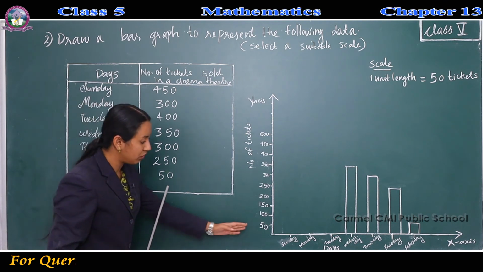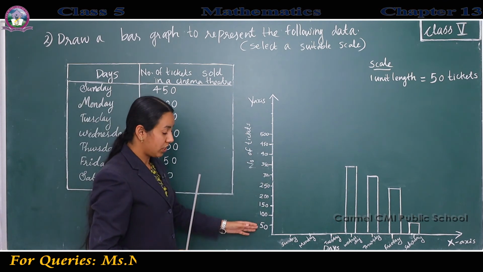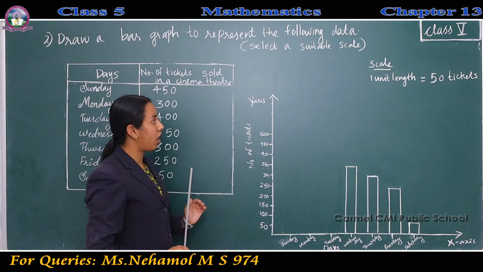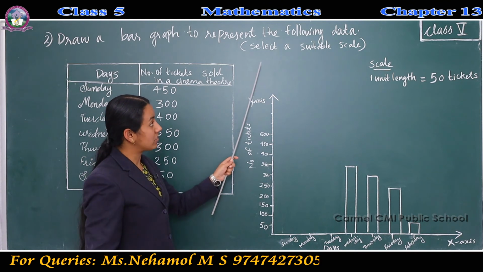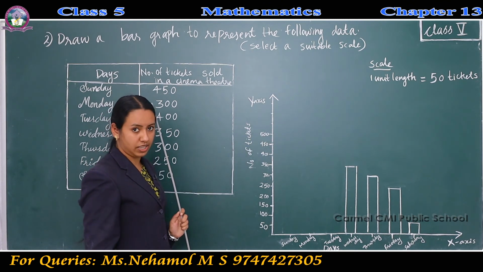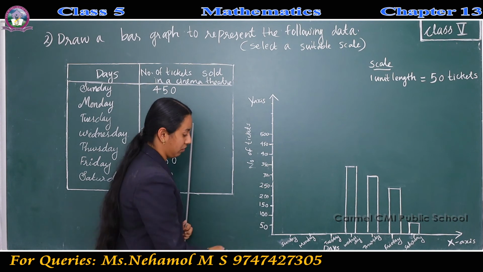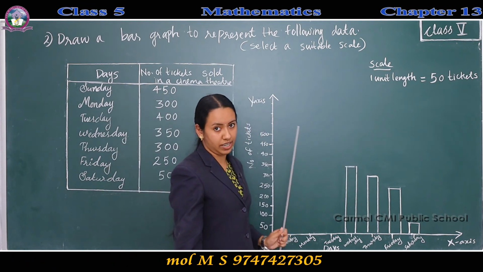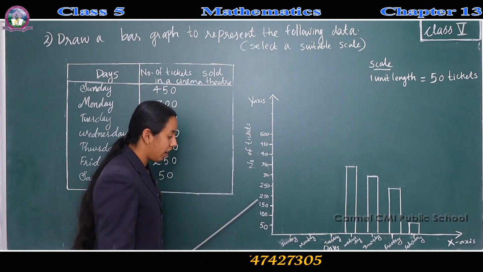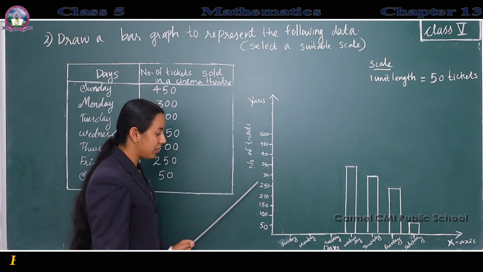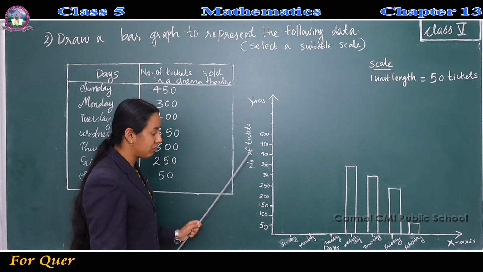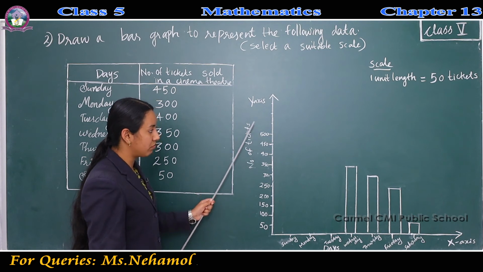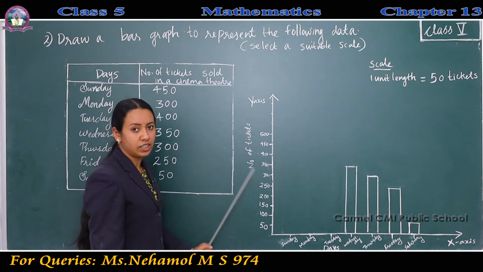So if we start with 1, 2, 3 or 10, 20, 30 etc., then it will be more complicated. So we have to think logically and select a suitable scale. We can take 50 onwards. That means 1 unit length is equal to 50 tickets. Then 50, 100, 150, 200, 250, 300, 350, 400, 450, 500 in equal intervals.